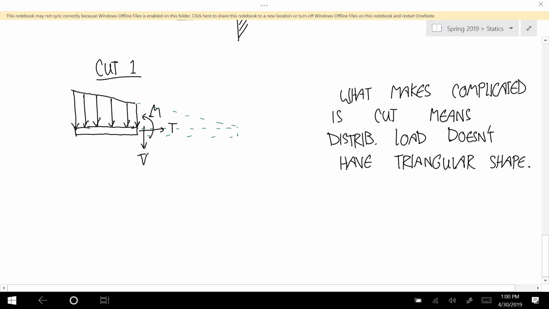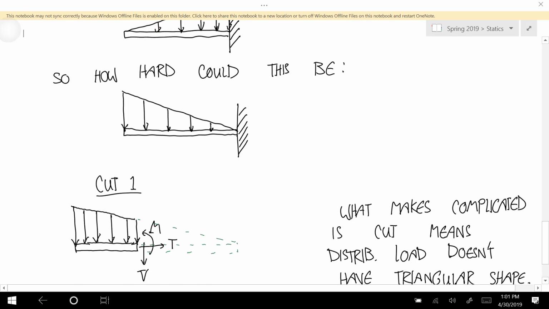But the way you have to do it is, take that distributed load and represent it as a triangular distributed load sitting on top of a rectangular one, okay? Then this is your function q of x, the height at that point.